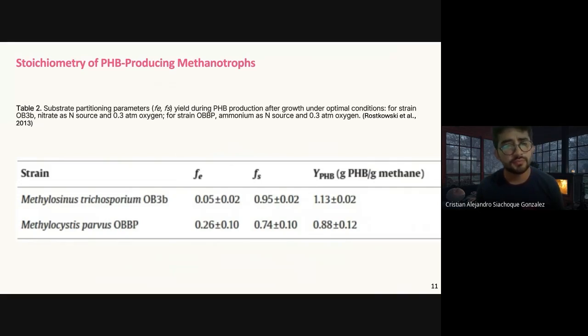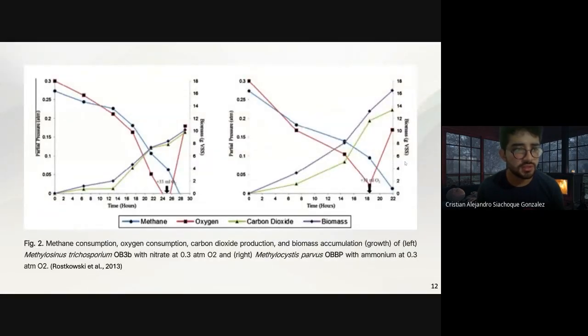But next, we can see the figure: two graphs at the same partial oxygen pressure, 3 atmospheres. The microorganism shown on the right, OBBP, produces more biomass in less time than the one on the left.